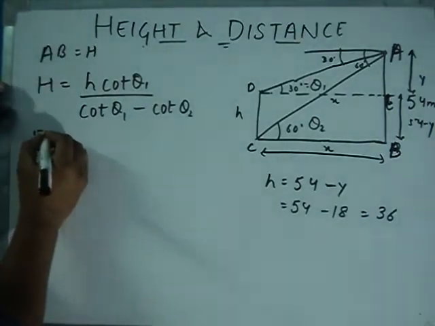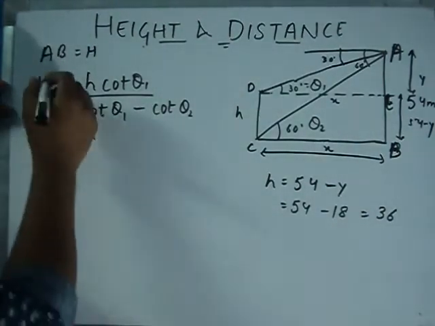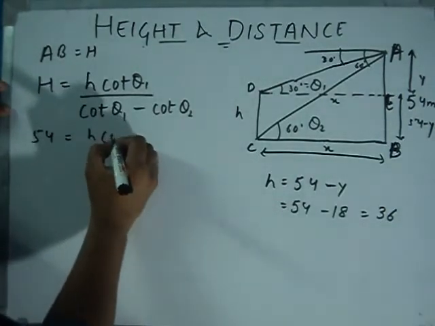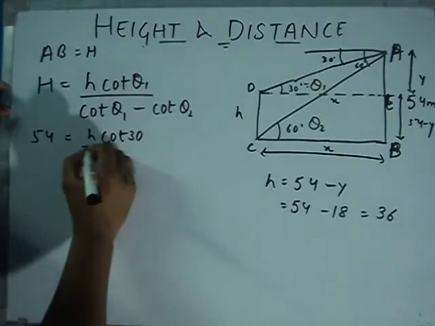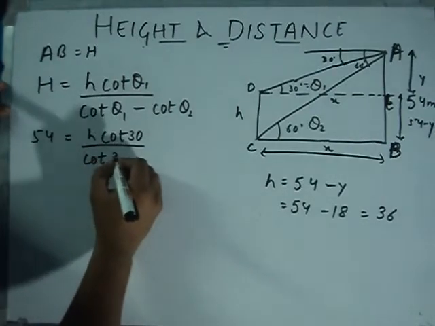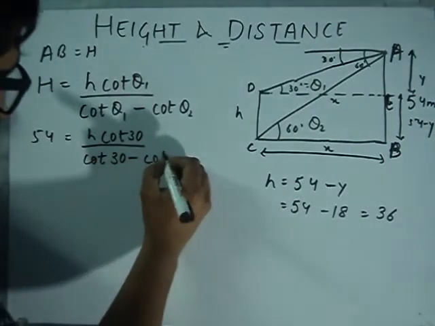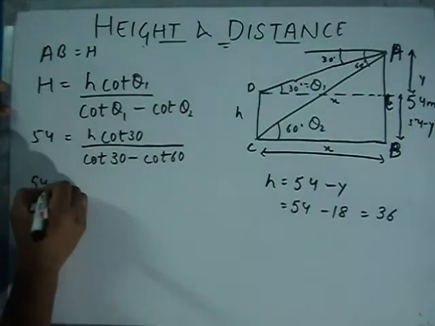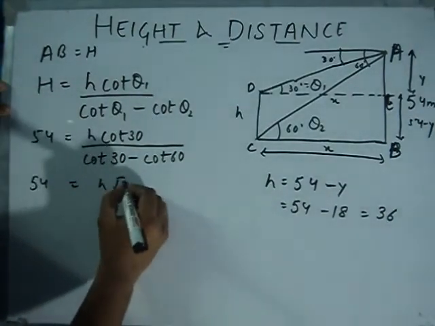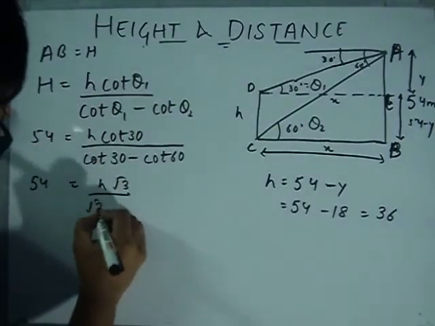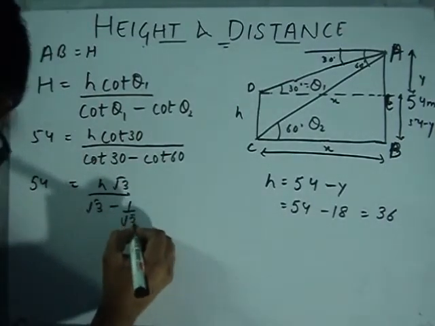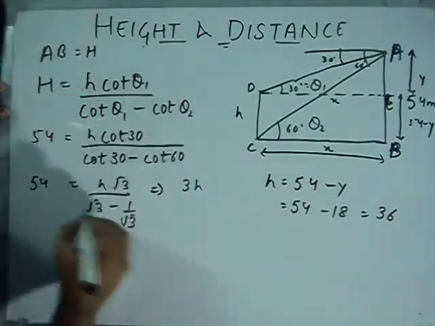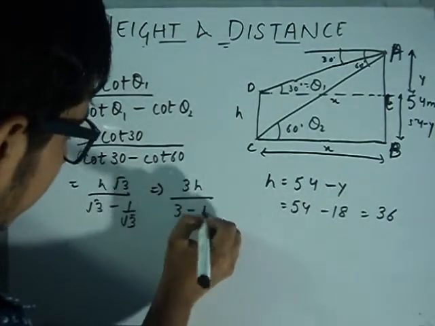We substitute 54 as our bigger height, and cot theta 1 is cot 30 and this is cot 30 minus cot 60. Cot 30 is root 3, and this is root 3 minus 1 by root 3.